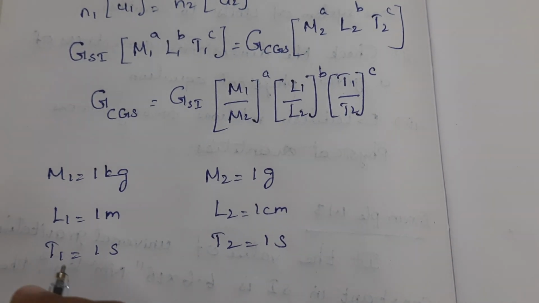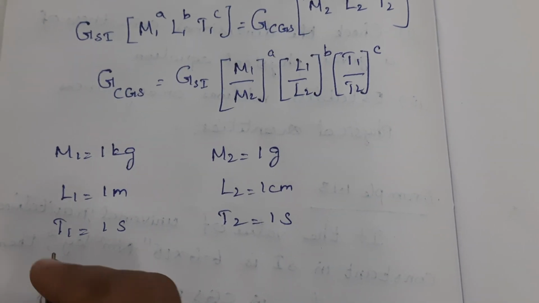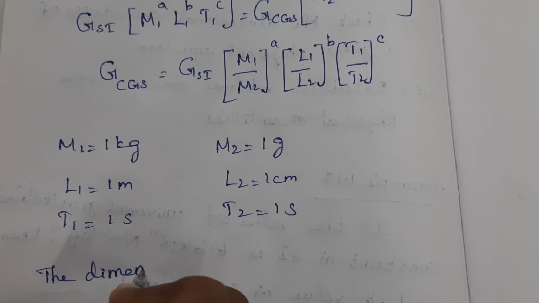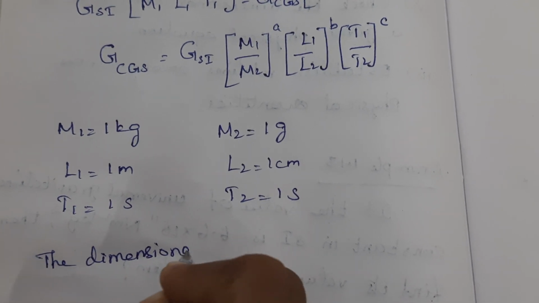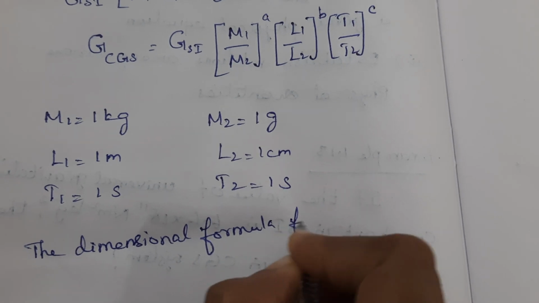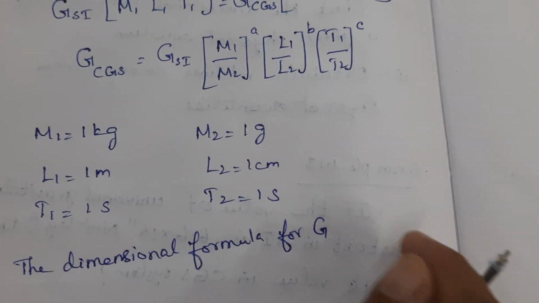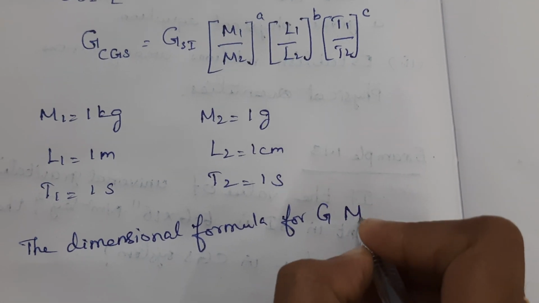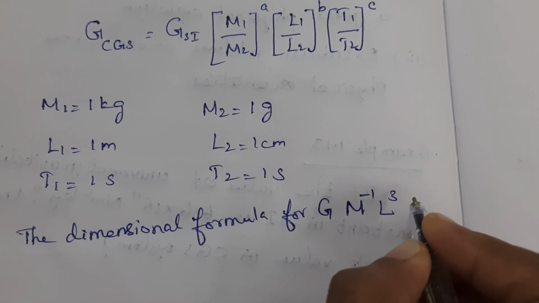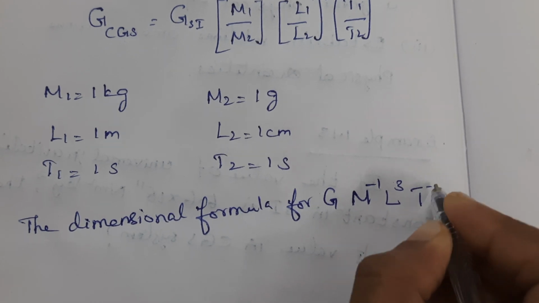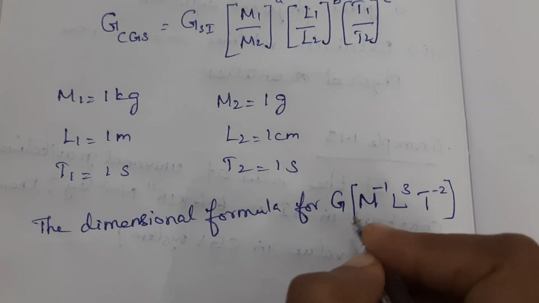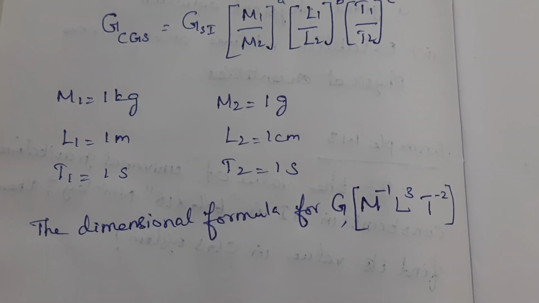Now, the dimensional formula for gravitational constant. What is the dimensional formula? Dimensional formula for G is M power minus 1 L cube T raised to minus 2. This is the formula for gravitational constant.